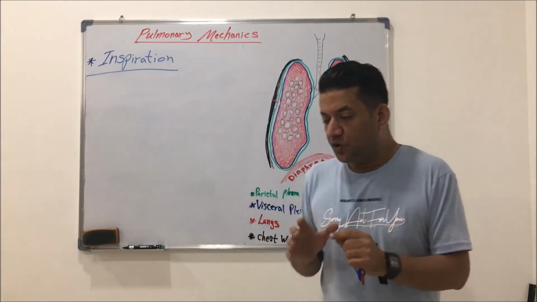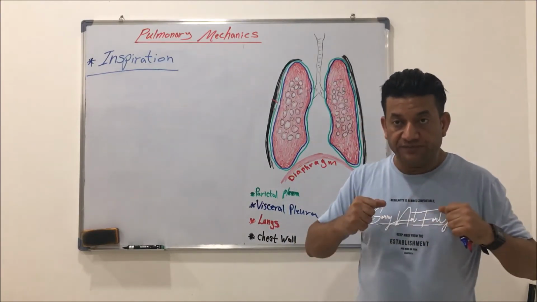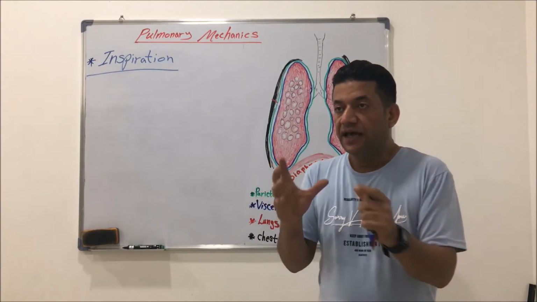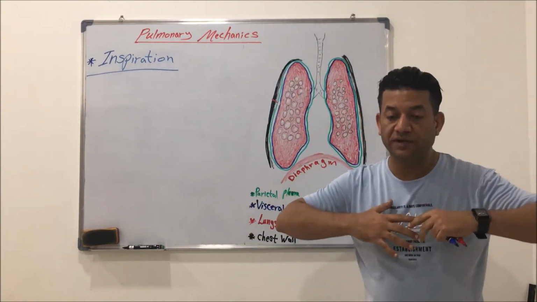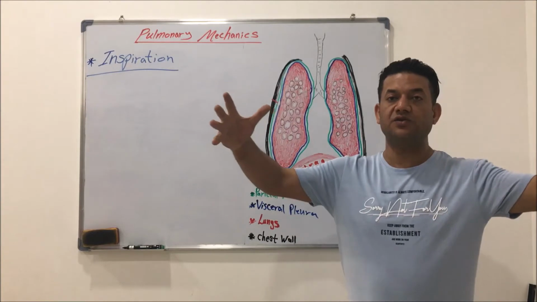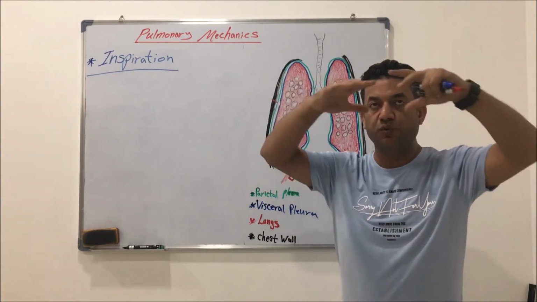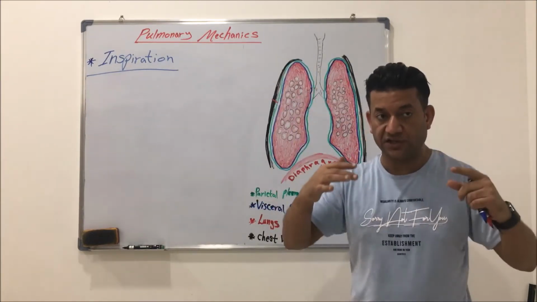Okay, so after contraction of the inspiratory muscles, there will be an increase in size of the chest wall as a whole in both directions.